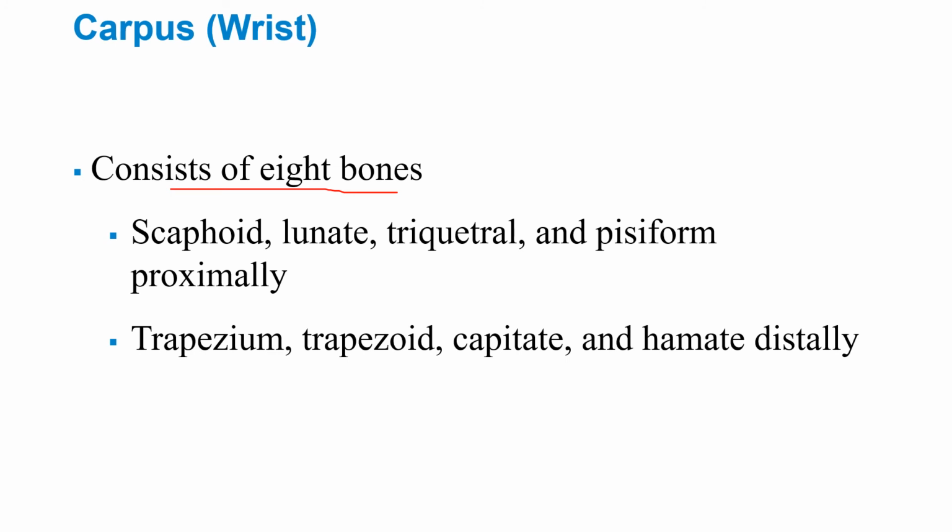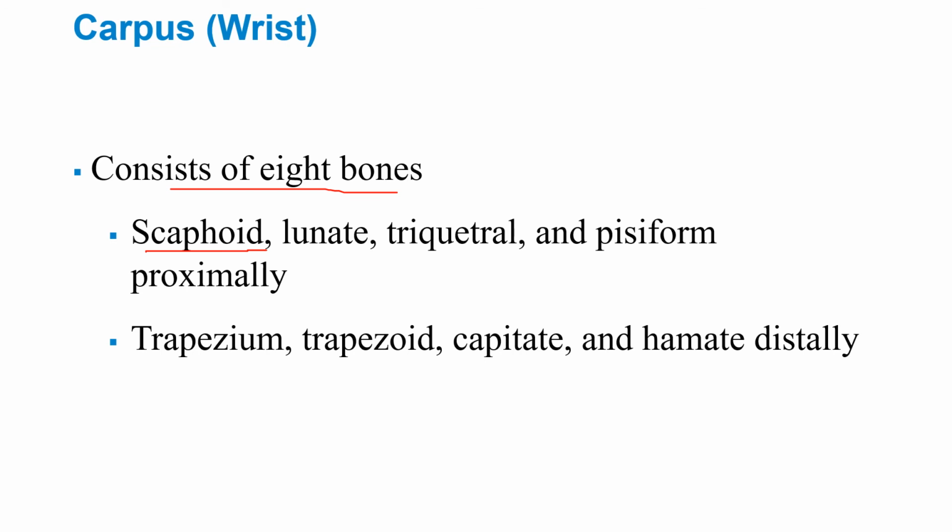You abduct your thumb and extend your thumb, and you look at that little spot that the old Whigs in England used to sniff stuff in there, that anatomical snuff box. Right underneath there is the scaphoid. Another name for the scaphoid is the navicula. Scaphoid and navicula sometimes in the past have been used interchangeably.